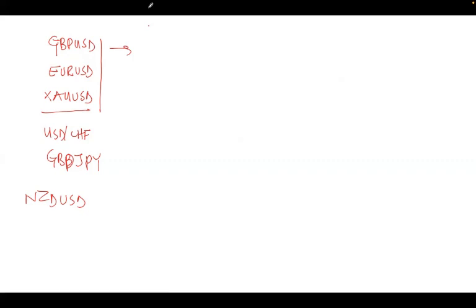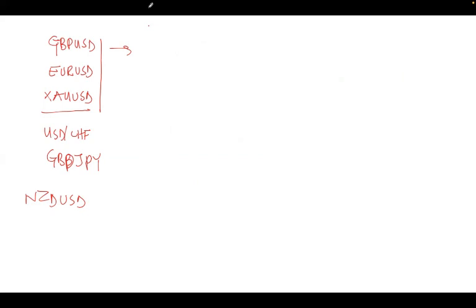Now Euro does not follow the same pattern as the other ones because the euro is being used by a group of European countries. So euros stand for euros. The first two letters are not a country's acronym. Now we have the second one, USD. Now the third one is gold USD.